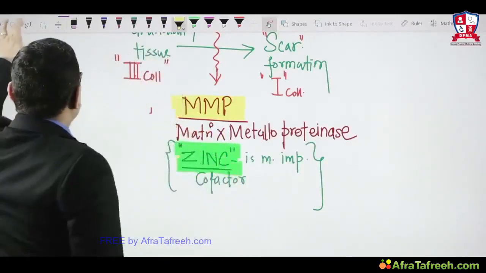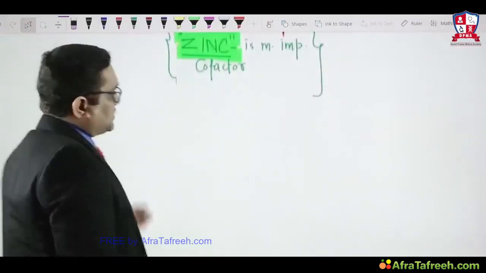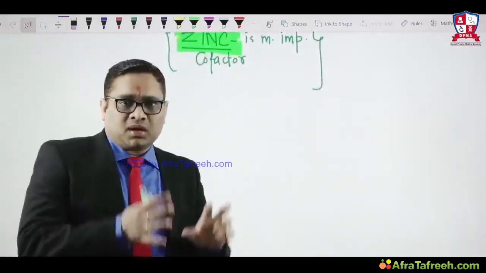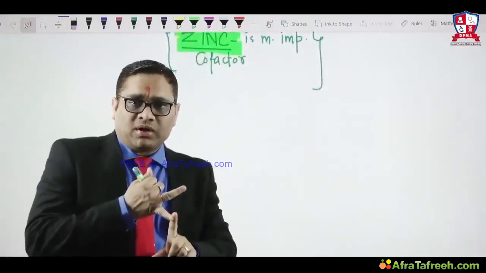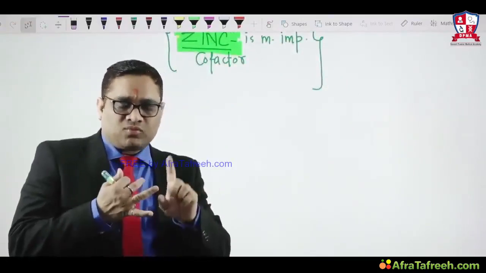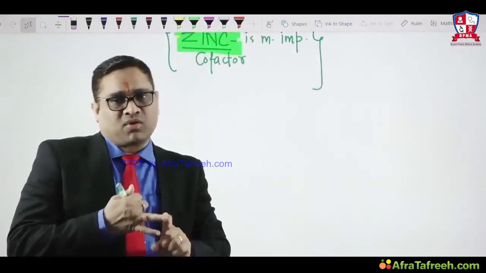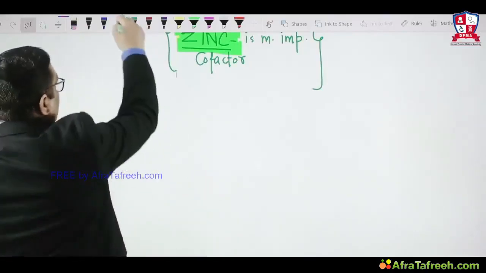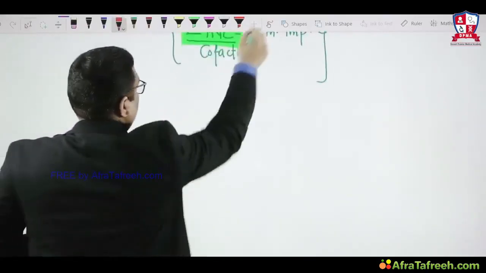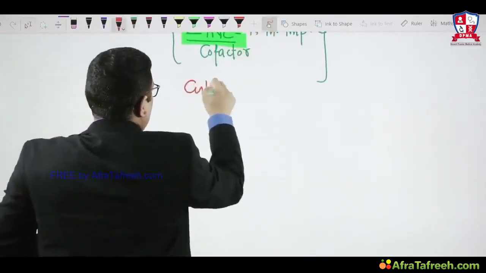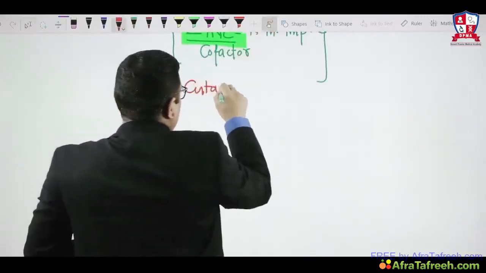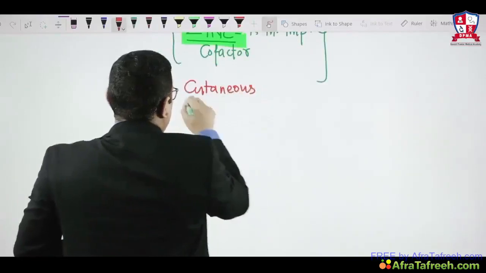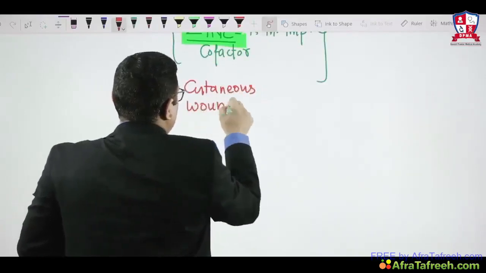So now we have seen repair. In this repair, we have seen two things, if you remember: granulation tissue formation, and wound contraction and scar formation. Now the next thing we are going to discuss is cutaneous wound healing.